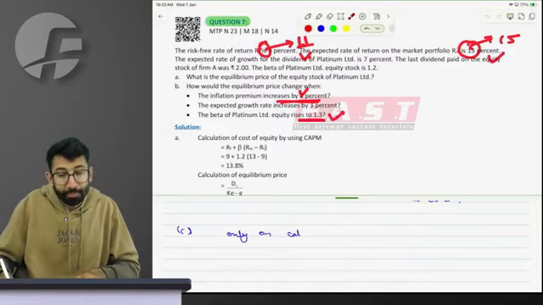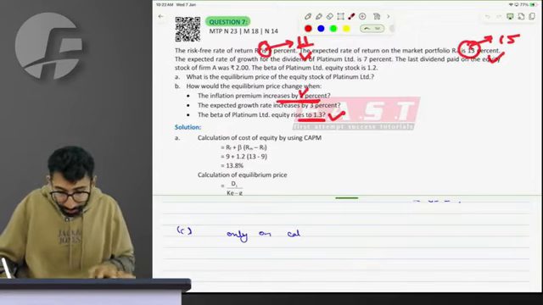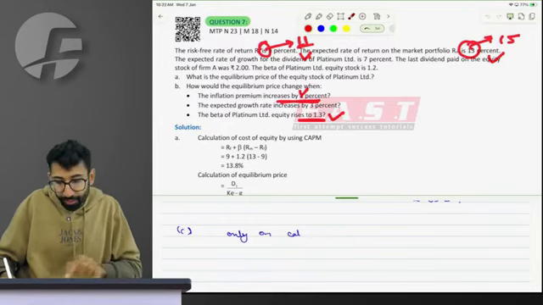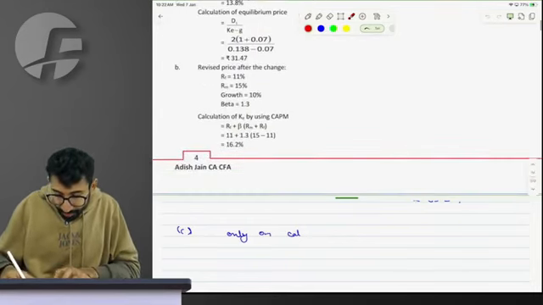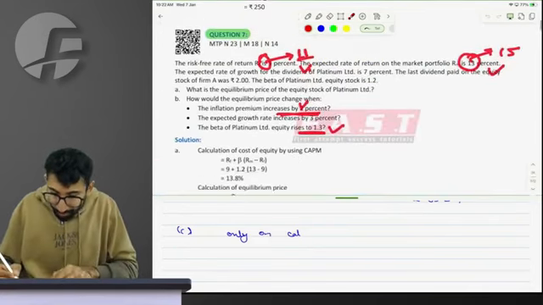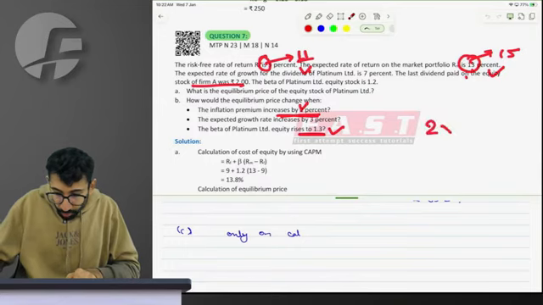Beta revised is 1.3. So what will my revised KE be? 15 minus 11 multiplied by 1.3 plus 11 gives me revised KE of 16.2. Now dividend which was paid as 2, growth will increase by 3%.